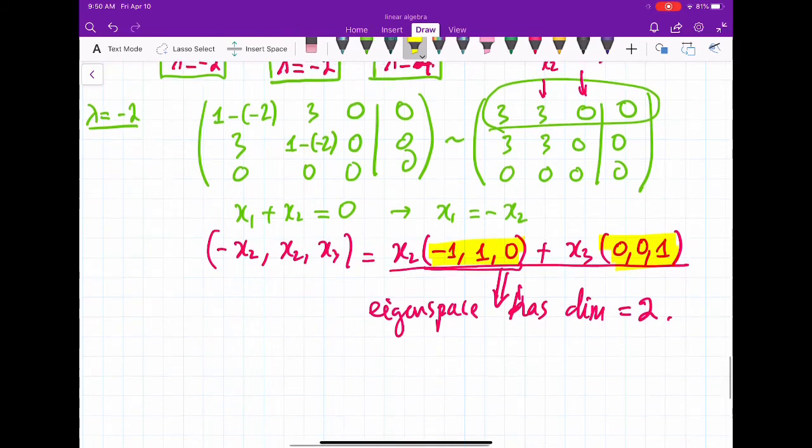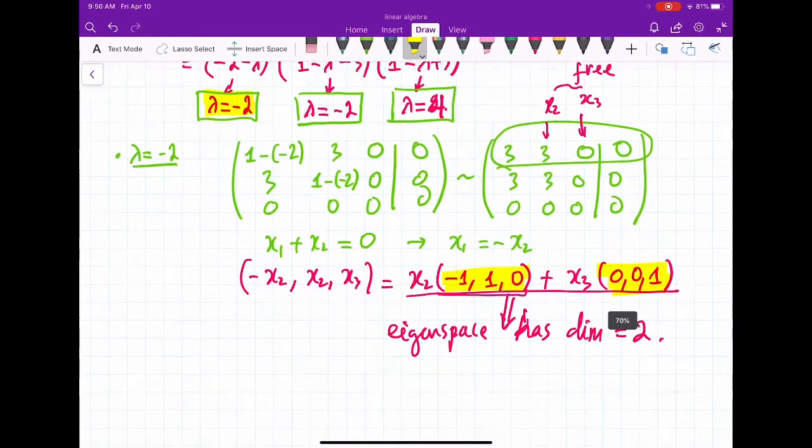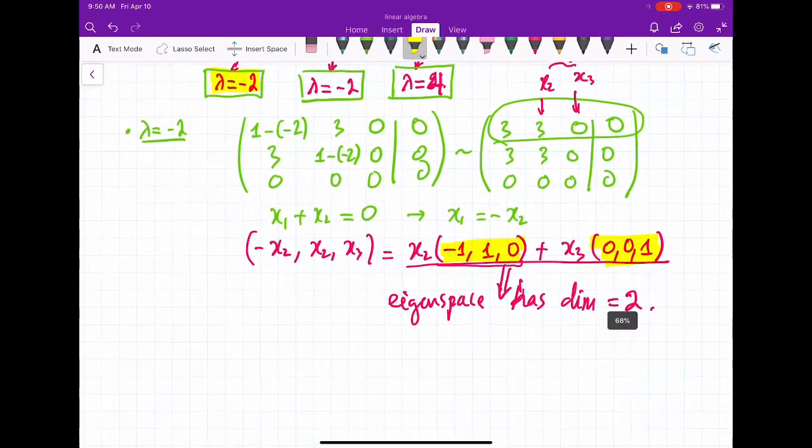In the previous one, you have lambda equal to 1 with multiplicity equal to 2, right? But the eigenspace has dimension equal to 1. In this case, lambda equal to -2 has multiplicity equal to 2. But the dimension of the eigenspace is 2. Okay? So that is a big difference. Let's move to lambda equal to 4.